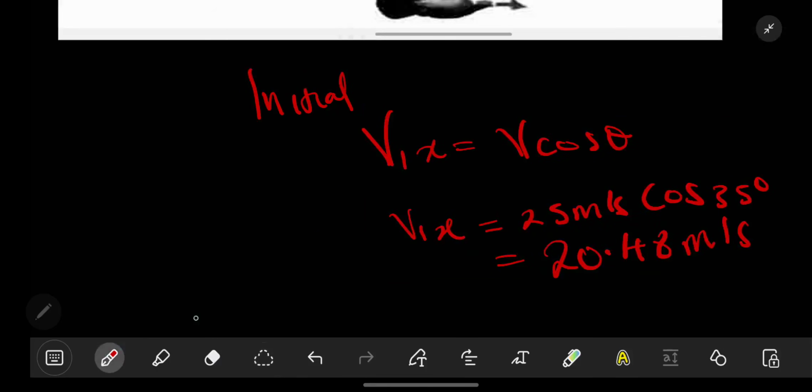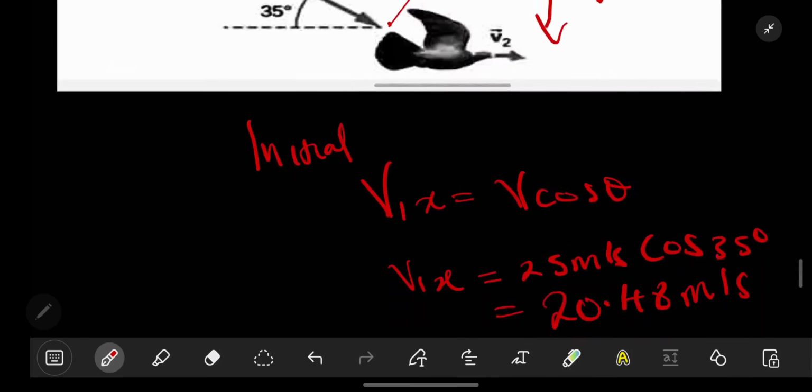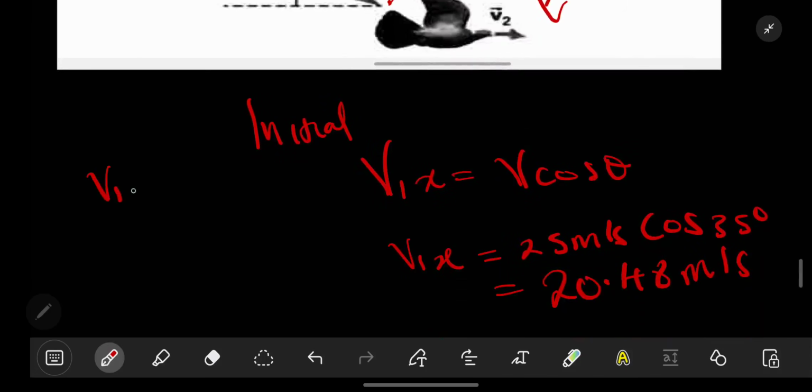Then for the other one, our v1y for the falcon will be equal to v sine theta. Taking downwards to be negative, its velocity is 25, and the y is associated with sine, so sine of our theta, which is 35 degrees.